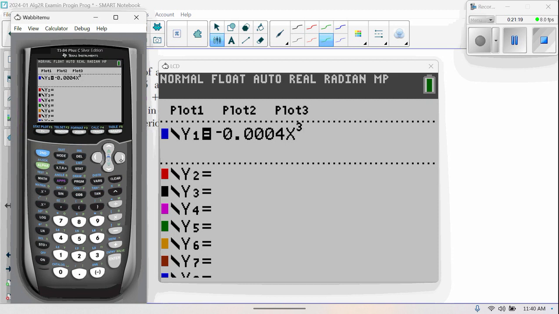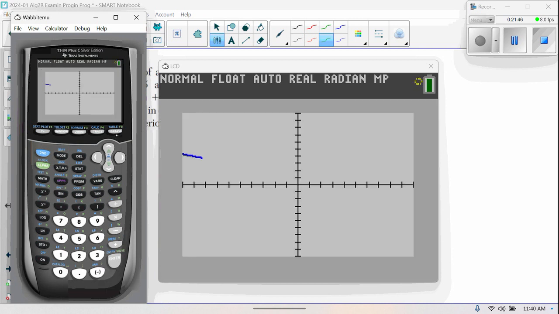I've got plus 0.0114x squared minus 0.0150x. Let's make sure I'm typing these all in correct. I am. Plus 2.6602. I'm going to graph this, and this is a 10 by 10 screen.